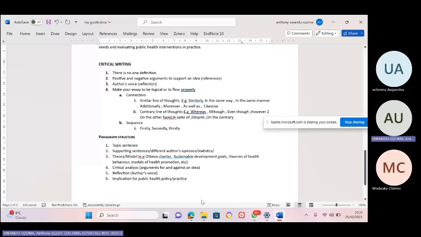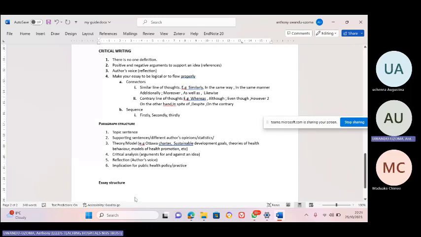All right, then you have your essay structure. That's the last one. Your essay structure: number one, you have your introduction. In your introduction, make sure you state your thesis.